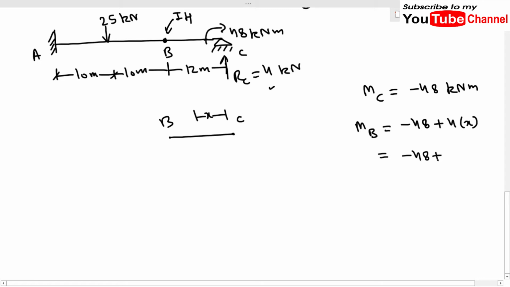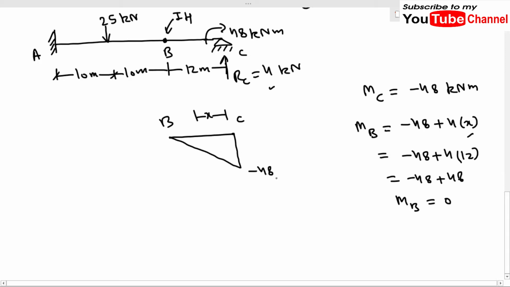Now we will take x as 12 because we want to find the bending moment at B, so this x will be 12. Okay, so here you can see it will be 48 plus 48, so MB will be equal to 0. Okay, so we can draw it like this. So here it will be minus 48 kilonewton meter. Okay, and at B it will be 0.